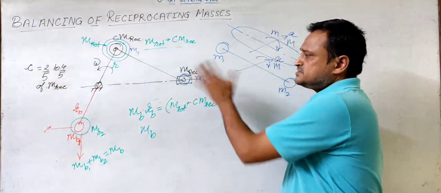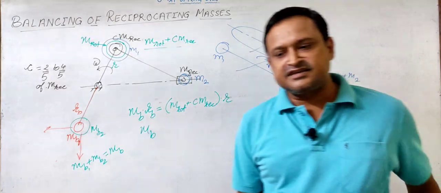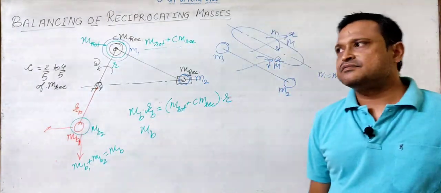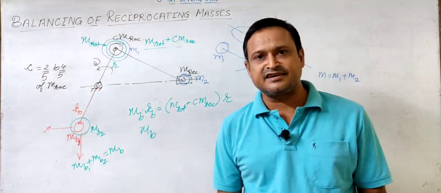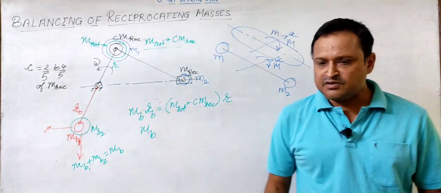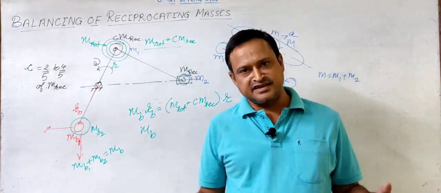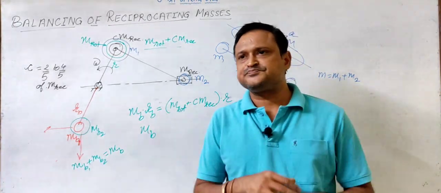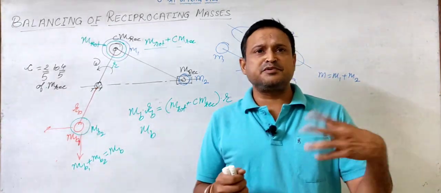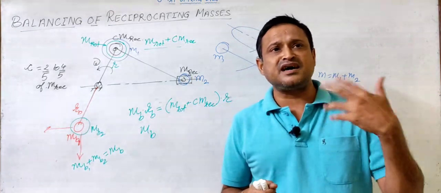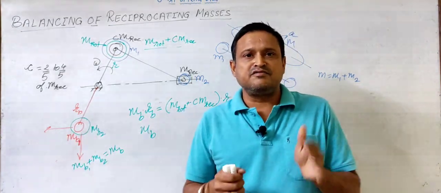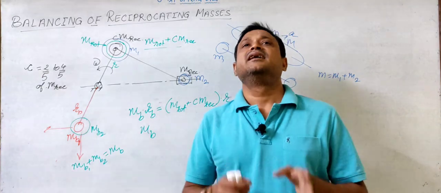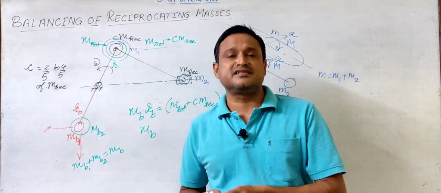Now we are trying to understand this example with the help of only a single slider crank mechanism. Now if it is, let us say, a multi-cylinder engine, that means the cylinders will be separated, right? So the reciprocating mass and rotating mass of one cylinder will be at one plane and of the other at the other plane.